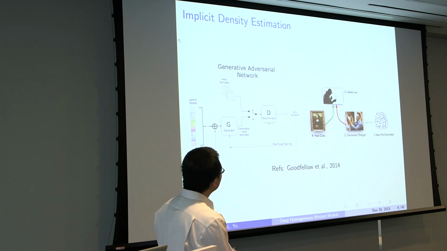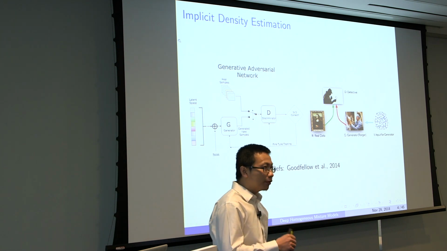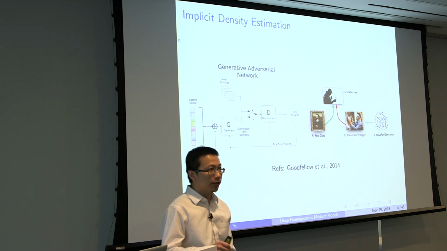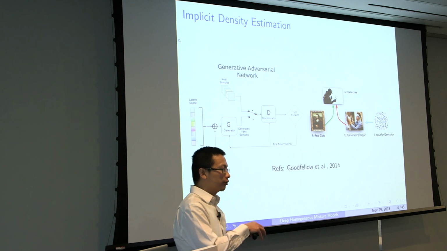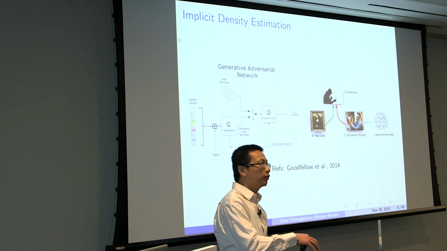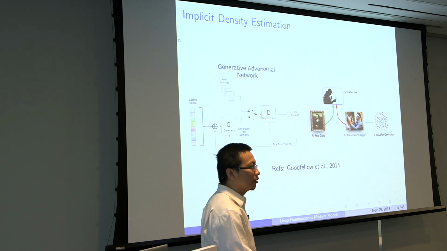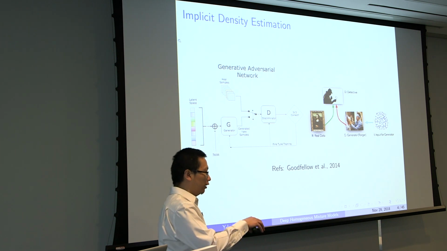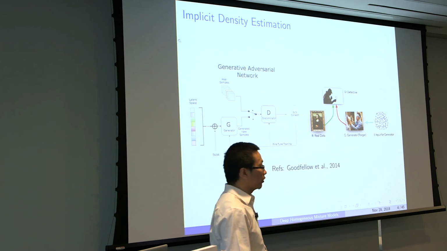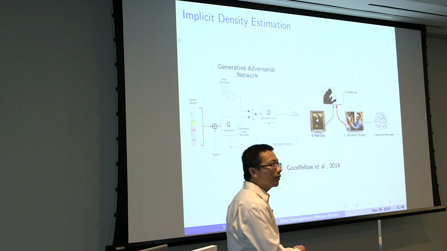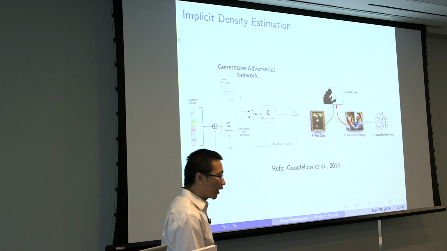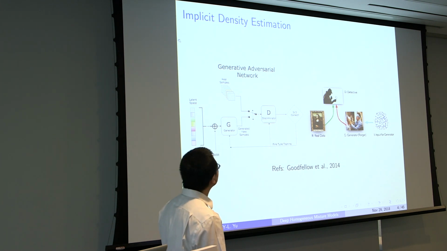The difference is they usually do not represent the density function explicitly. You only get an implicit representation, so you can sample from it, but you cannot write down the formula of the density function. This is both good and bad depending on what kind of applications you use these methods for.